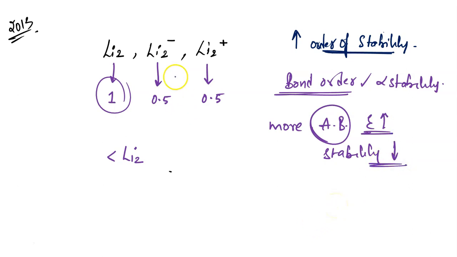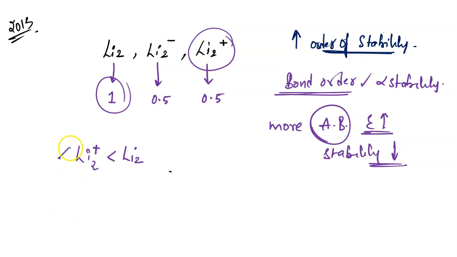And now how do you know out of Li2 minus and Li2 plus if one of them has more anti-bonding electrons? For that you just need to observe their electronic configuration. And when you observe the electronic configuration, Li2 plus has fewer anti-bonding electrons, which means Li2 plus is the second most stable.